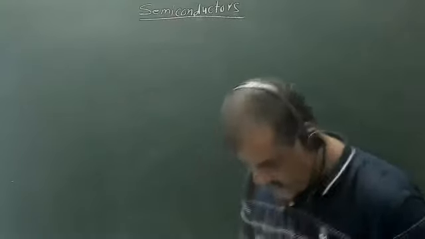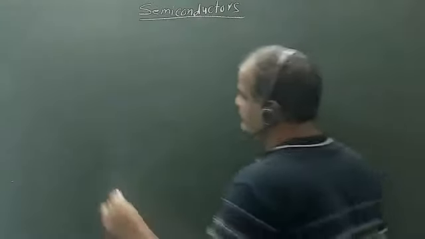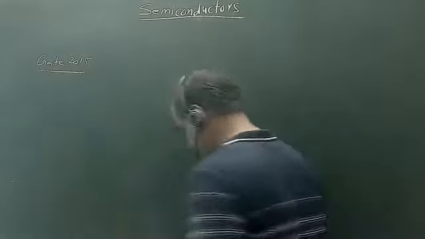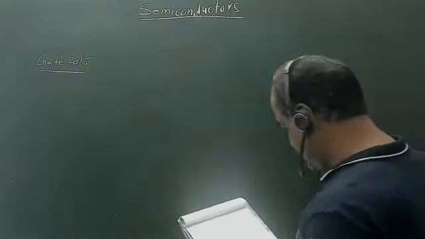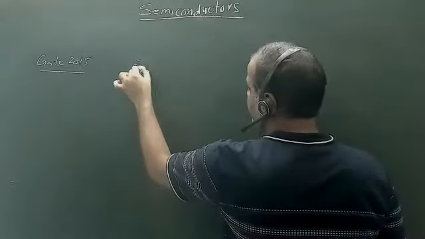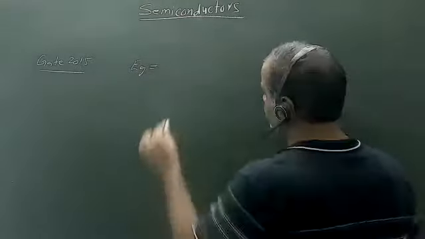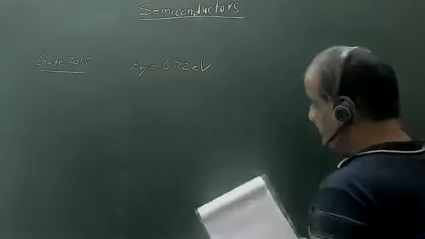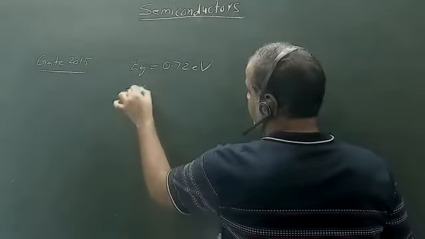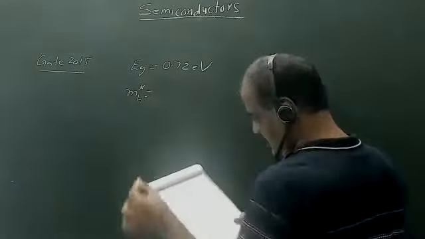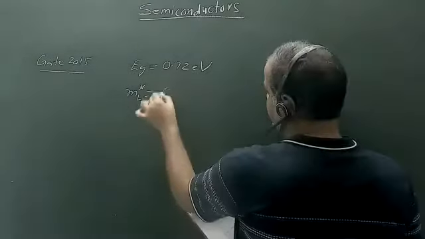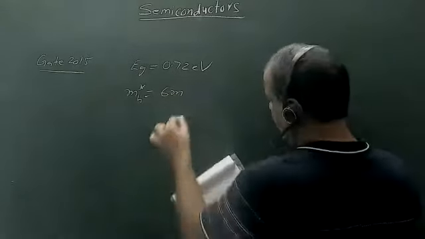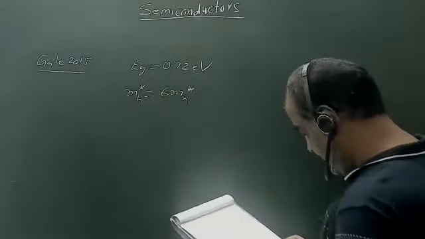There's one more question, GATE 2015. They are given an intrinsic semiconductor whose band gap is Eg equal to 0.72 electron volt, and they are given mh equal to 6 m naught.